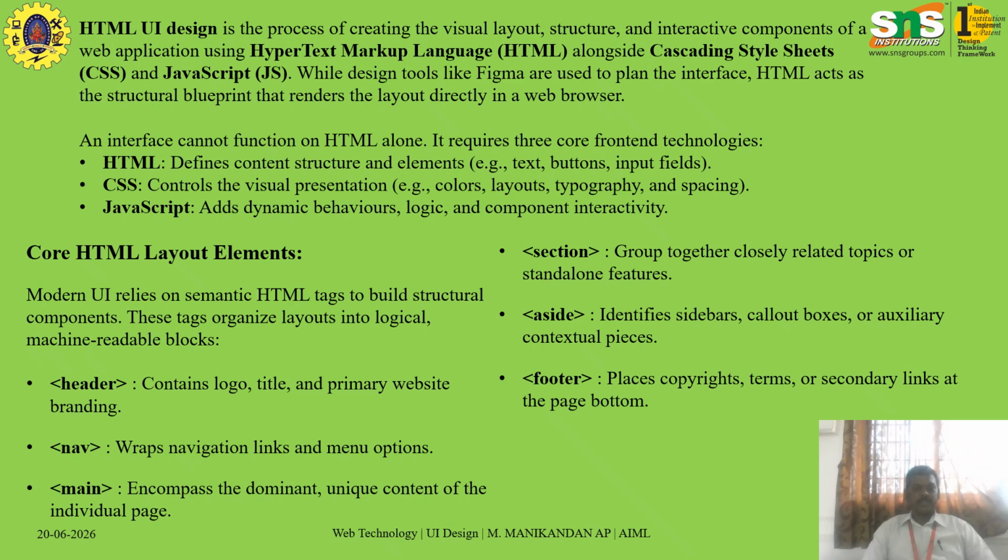The main tag encompasses the dominant, unique content of the individual page. The section tag groups together closely related topics or standalone features. The aside tag identifies sidebars, callout boxes, or auxiliary contextual pieces.